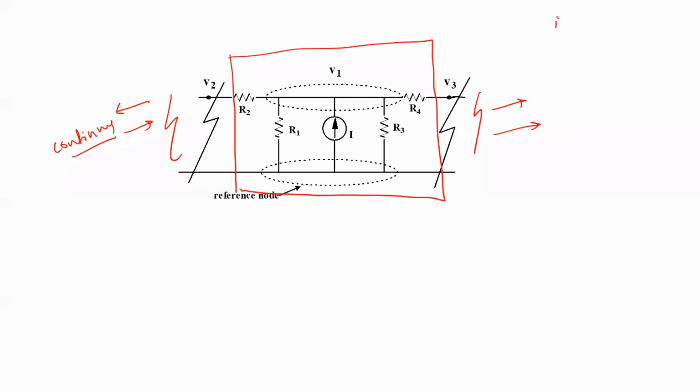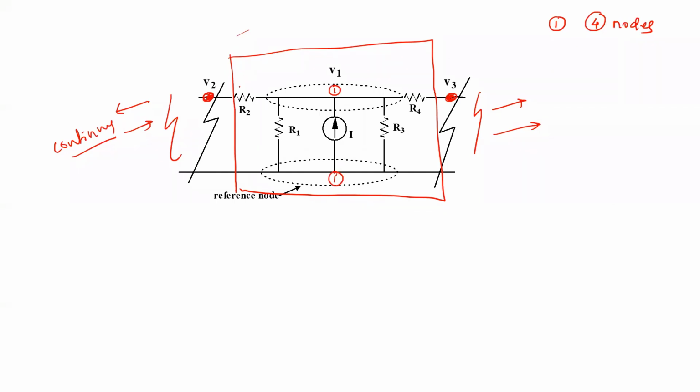What is the first step? Identify the number of nodes. Can you answer? The answer is, there are 4 nodes. The first node, the second node, all together one node, all together one more node.